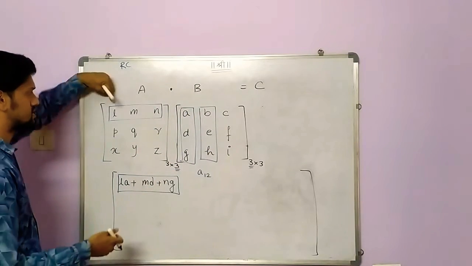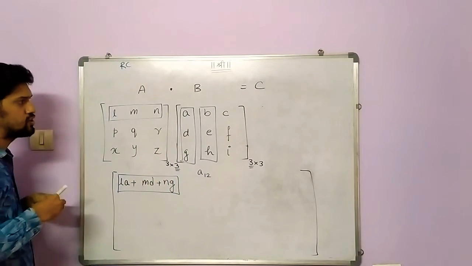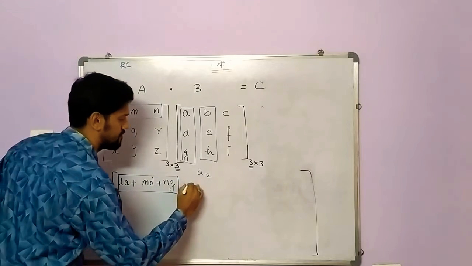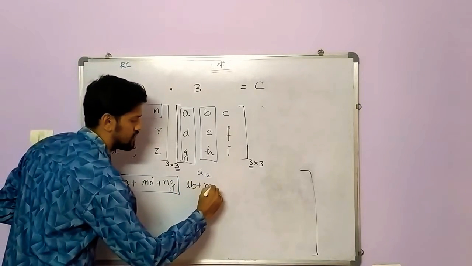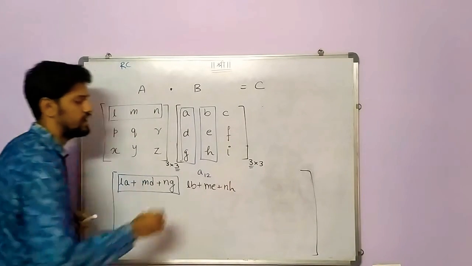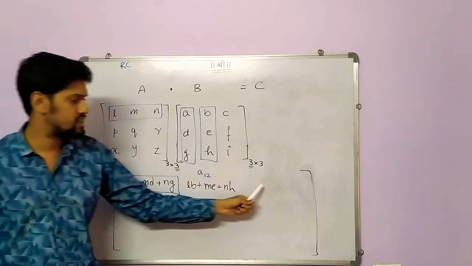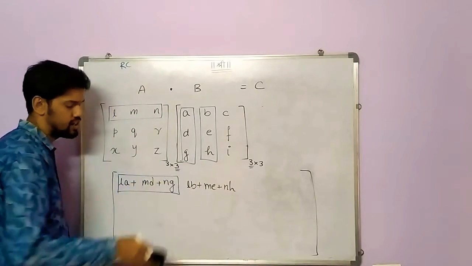The procedure remains the same. First element here into this, so it will be L into B plus M into E plus N into H. To get this particular element A13, I'll clear this off, this is just for your understanding.